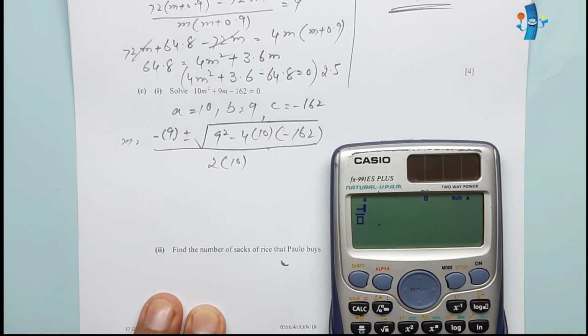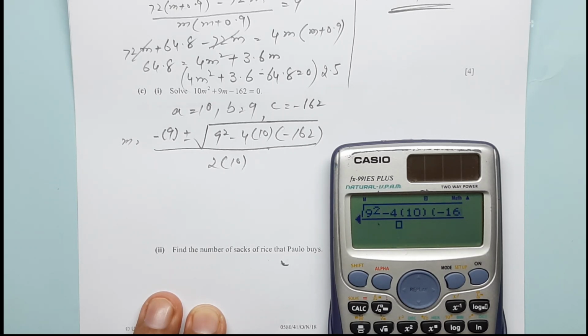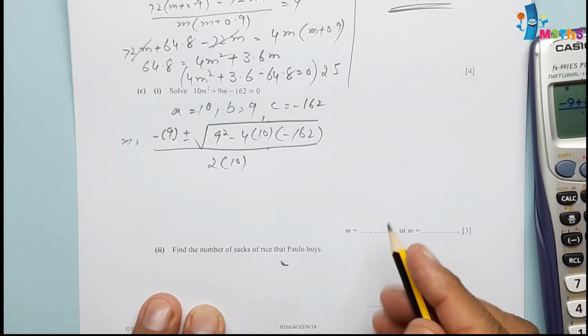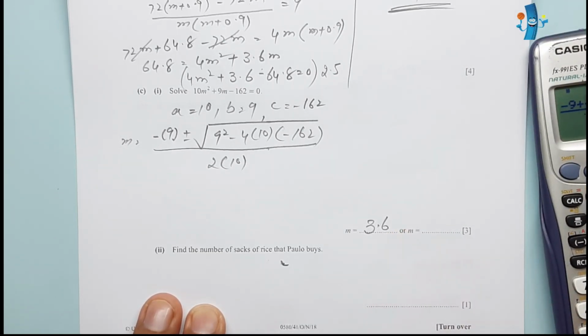Now we can use a calculator to solve this one. So minus 9, I will take the plus value first, then we'll take the negative value as well. So 9 squared minus 4 into 10 into minus 162, and divided by 20. So this will be equal to 3.6. So the positive value is 3.6.